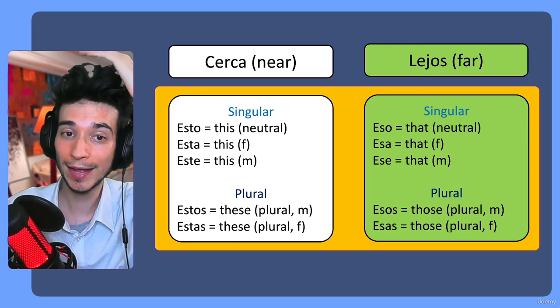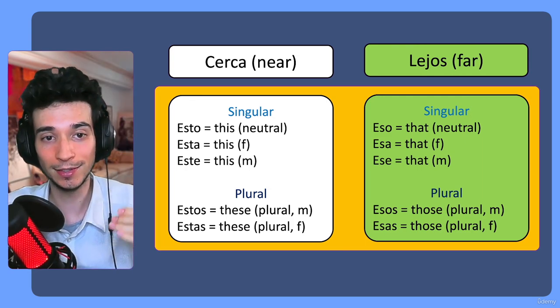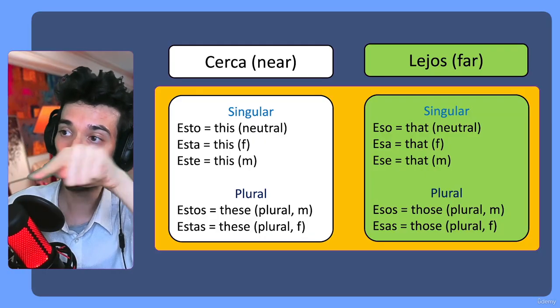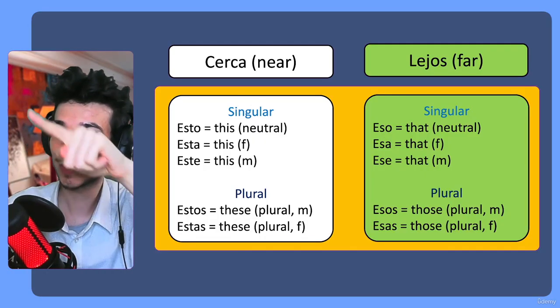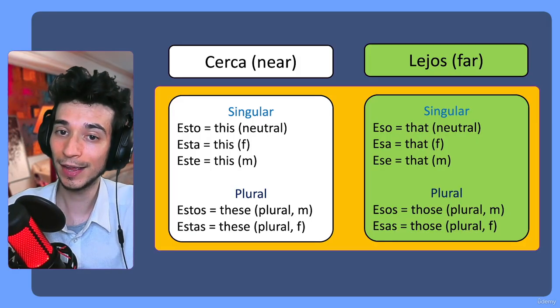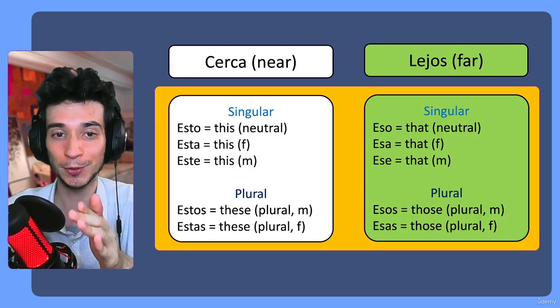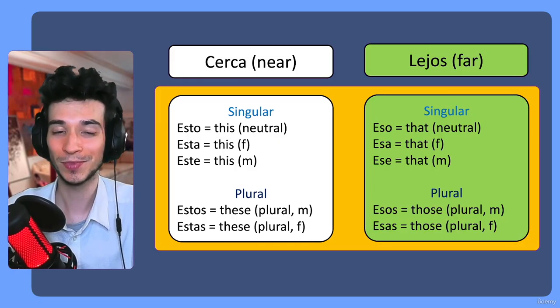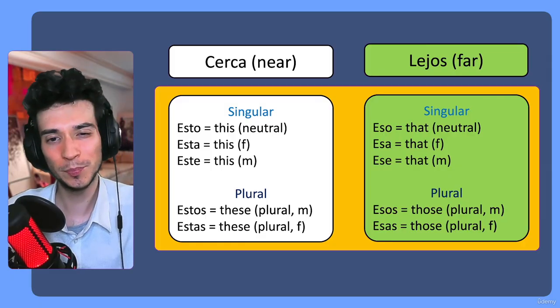For example, casas is female, so you can say esas casas, those houses. So yes, esas, plural and female. Esos, those, plural, masculine, mixed, or even if you don't know the gender.